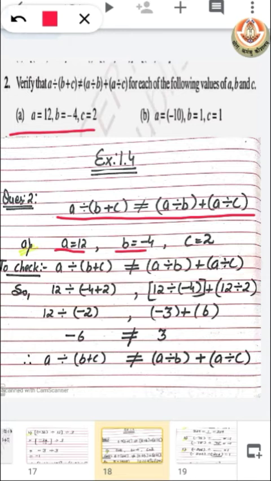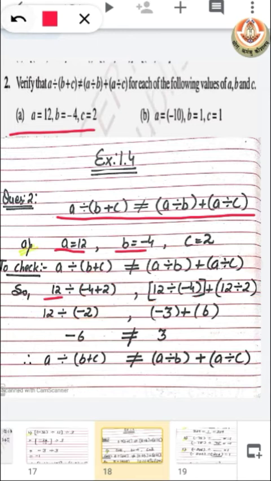Now 12 divided by minus 4 plus 2. On the other side, 12 divided by minus 4, then their answer will be added to the answer of 12 divided by 2. The answer for this bracket is minus 2. And when we divide 12 by minus 2, we get minus 6.